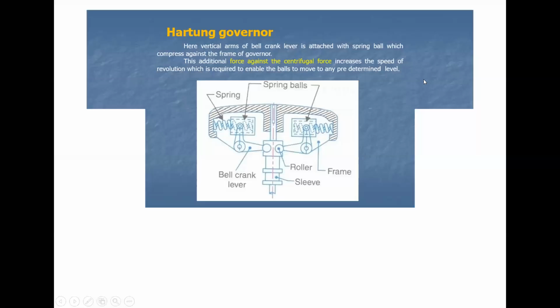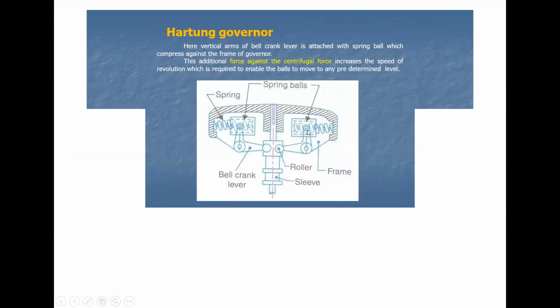Just observe the Hartnell governor. Here the vertical arm of the bell crank lever is attached with the spring balls. The total frame also encloses the spring balls, which are connected with the springs.